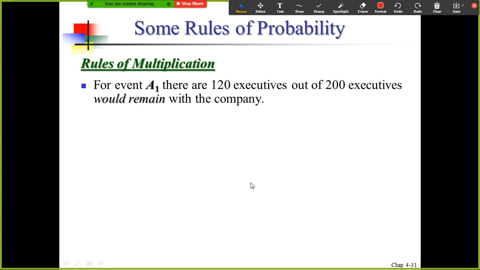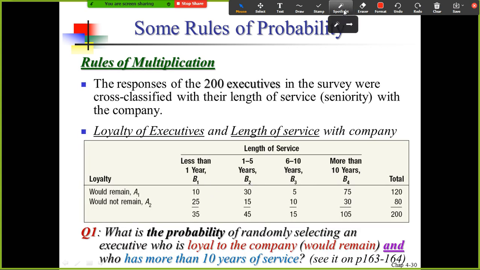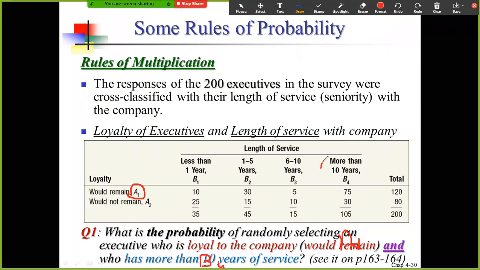Because based on the question, would remain, A1, and more than 10 years, B4. So we will find the probability of A1 and the probability of B4 only, because the question asks only these two events.